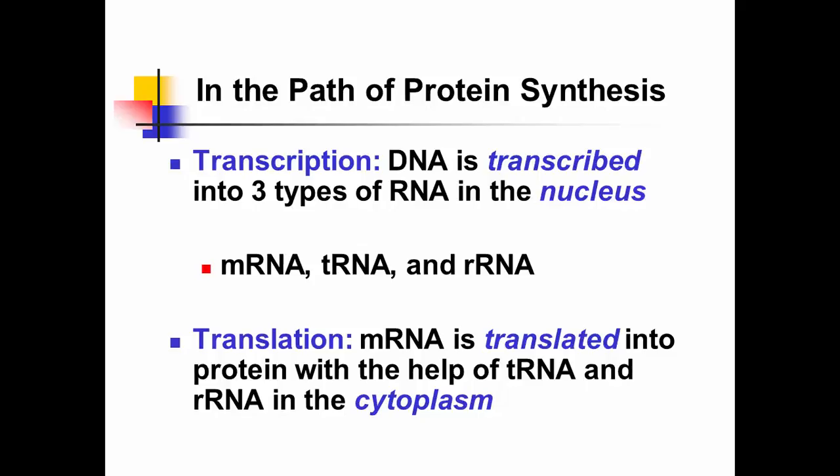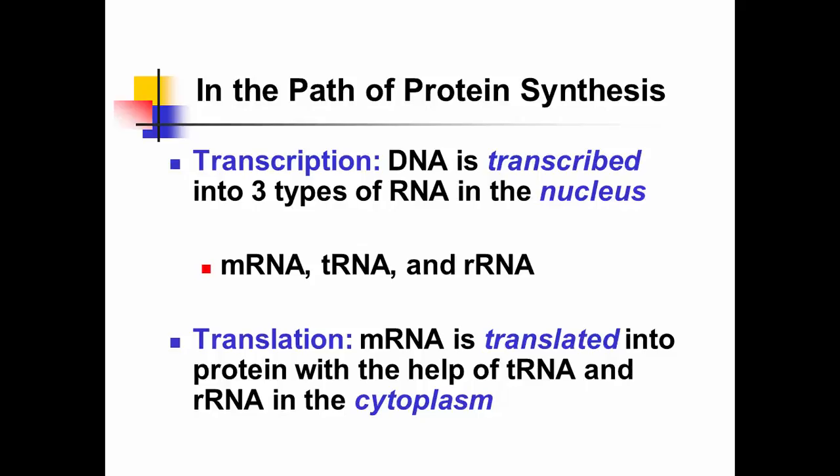So DNA is transcribed into three different types of RNAs in the nucleus: messenger RNA, mRNA, transfer RNA, tRNA, and ribosomal RNA. These three RNAs are transcribed from DNA, and they are very important for the translation of proteins.